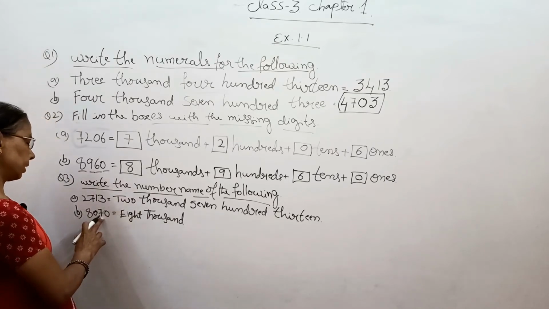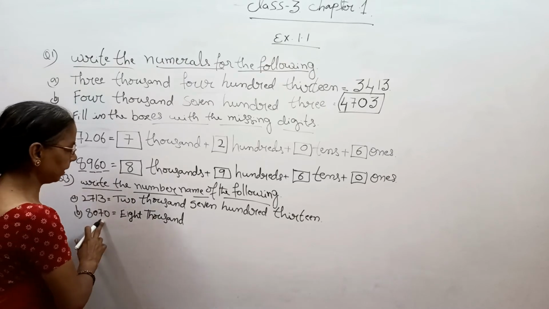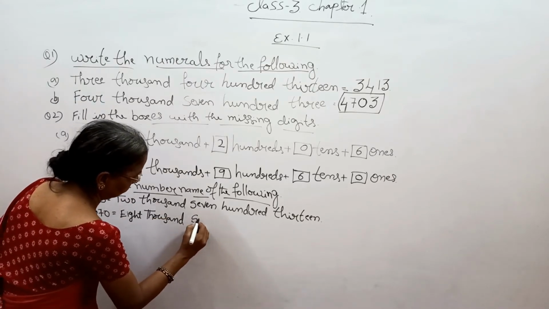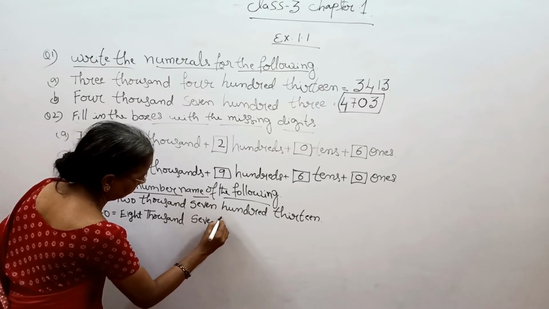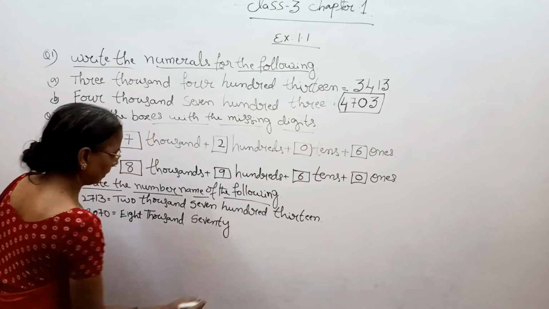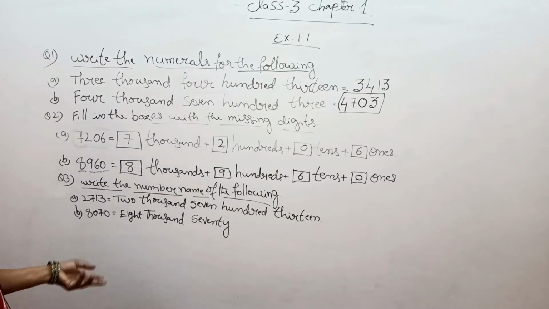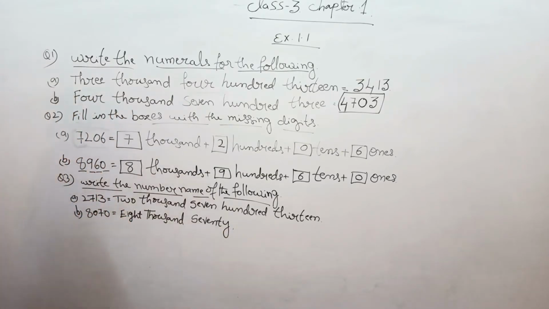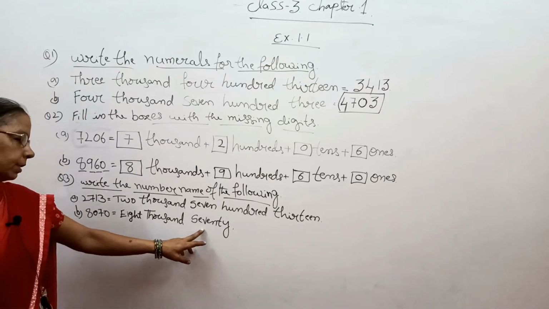Then in tens place we get 7, that is 70. And in ones place there is no number, then leave it as it is. Then the answer is 8070.